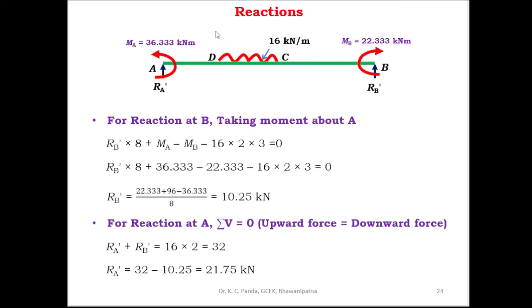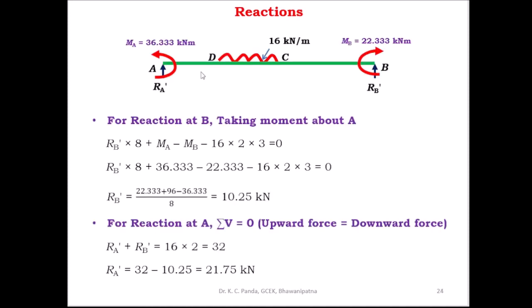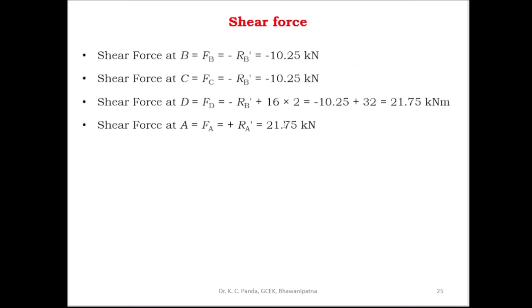Then shear force at D is equal to minus 10.25 plus 16 into 2, that is 32, so minus 10.25 plus 32 is equal to 21.75 kilonewton. Then the shear force at A is constant, 21.75 kilonewton, that is equal to RA dash. This is the shear force.